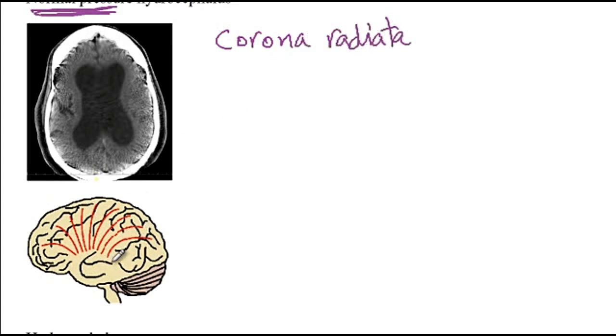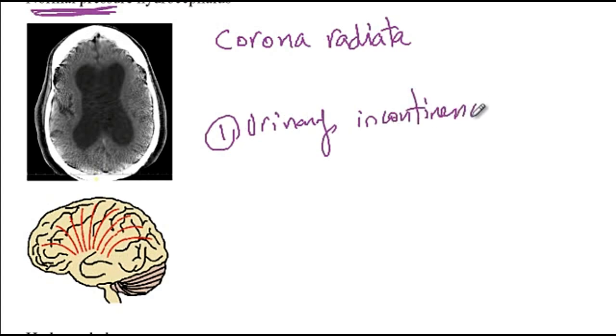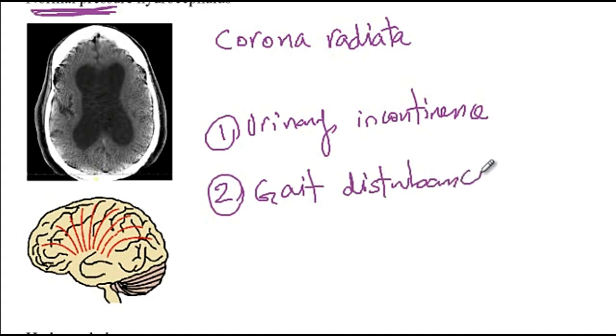And so due to the disruption of the fibers that are being projected from the brain, these patients generally present with urinary incontinence. They present with gait disturbances, and then they also present with dementia.